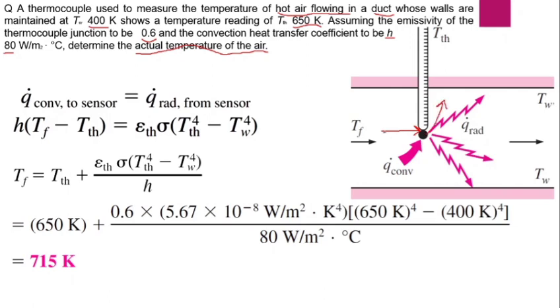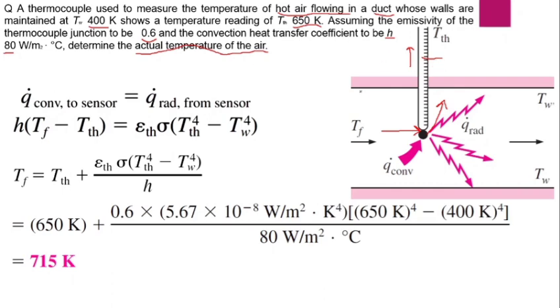So whatever heat is coming inside this thermocouple should go out. Okay, then only we can maintain the temperature here. Suppose energy is coming inside and less energy is going outside, then the temperature will keep on increasing, right? So this will be an unsteady state, right? So what we need is steady state, right?